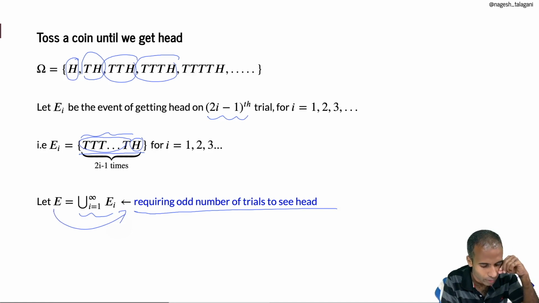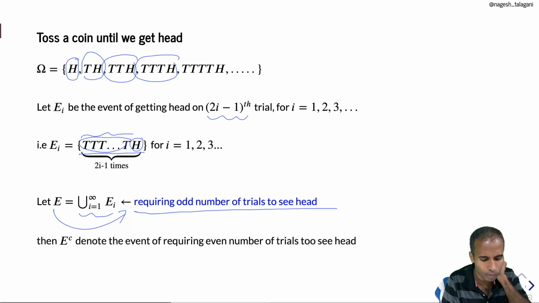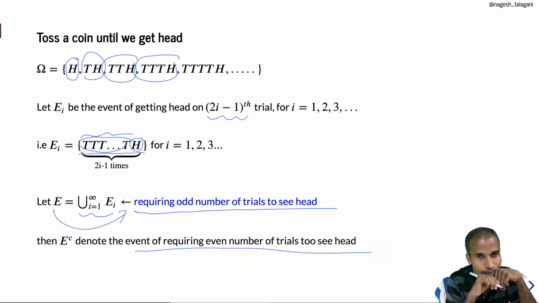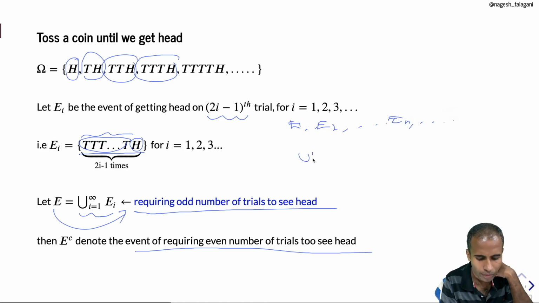Then what should be E complement? E complement denotes the event of requiring an even number of trials to see a head. Now, if E1, E2, and so on, En are all events of interest, then their countable union also is going to be an event of interest.